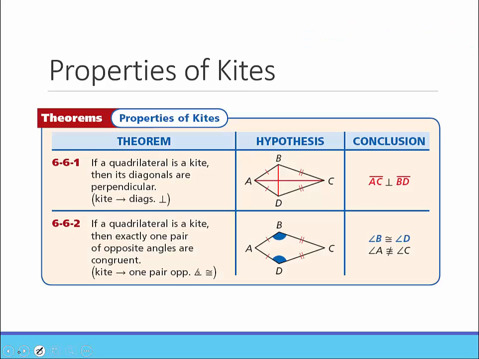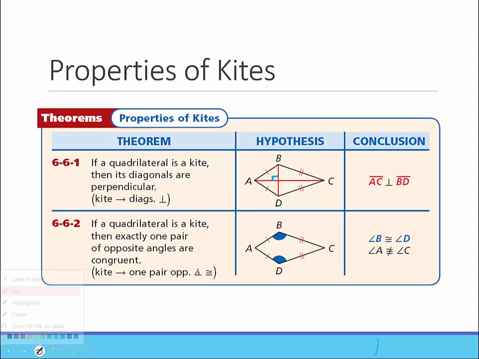And then here are some properties. If a quadrilateral is a kite, then its diagonals are perpendicular. And if a quadrilateral is a kite, then exactly one pair of opposite angles are congruent. The thing here is it has to be in between the two consecutive congruent sides.